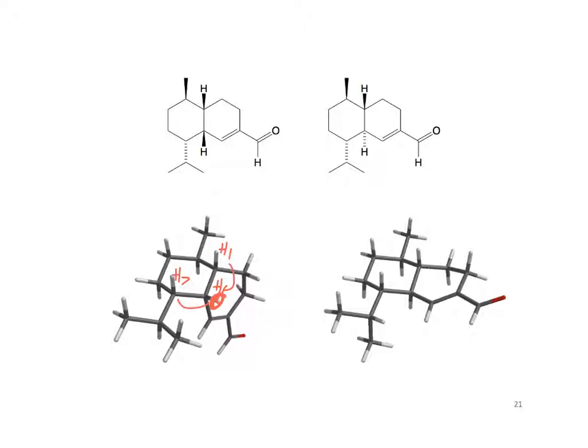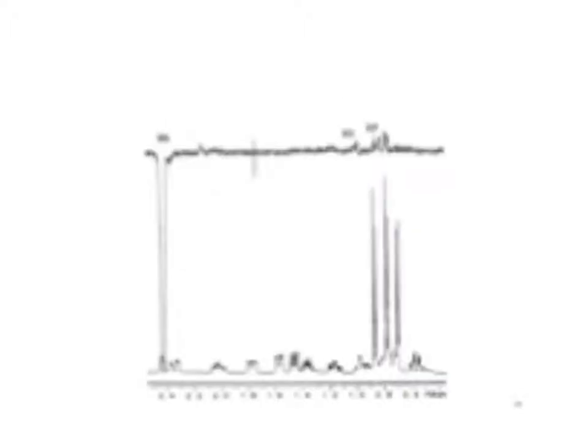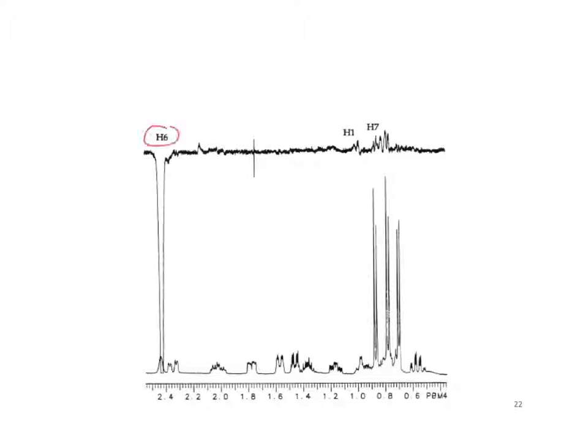So irradiated H6 is the one at the ring junction, and you can see small enhancement at H1. Oh, it's H7 that's next to that isopropyl. So this confirmed that that was a cis ring junction, right?